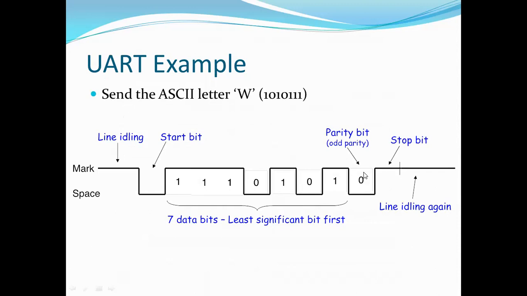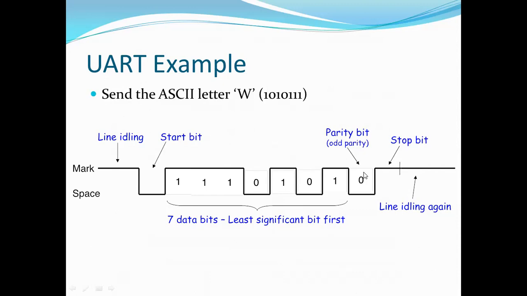After the start bit, which is active low, the next bits are sent: 111, which is active high, then 0, which is low, again 1, which is active high, then 0, and again 1. After that there is a parity bit, the 0, and after the parity bit there is a stop bit.